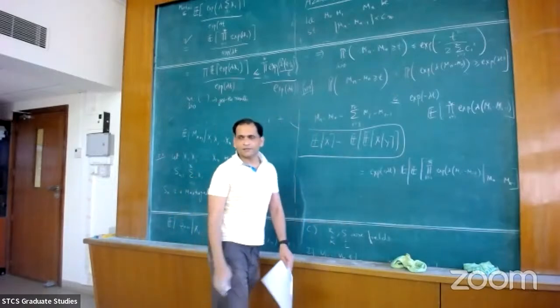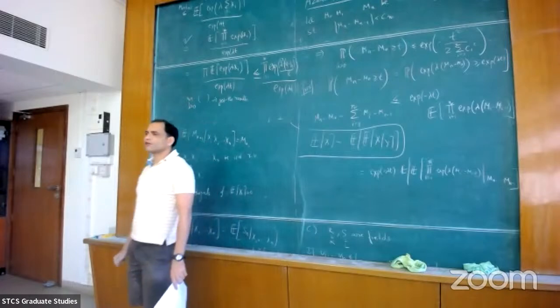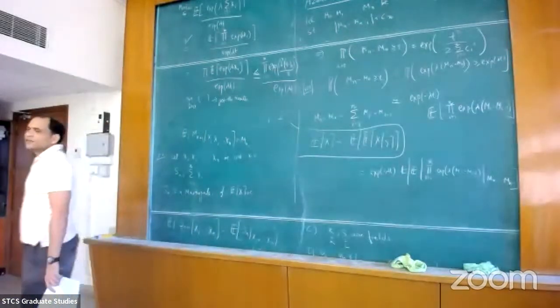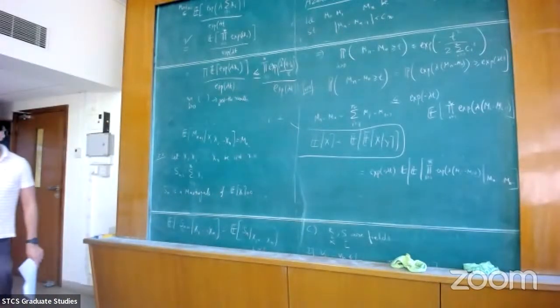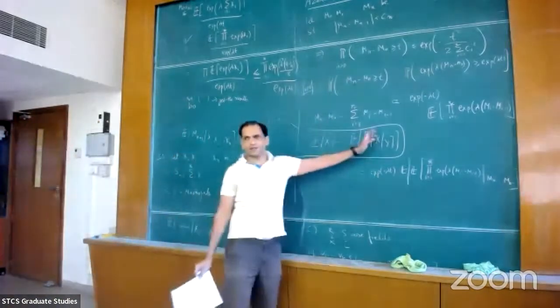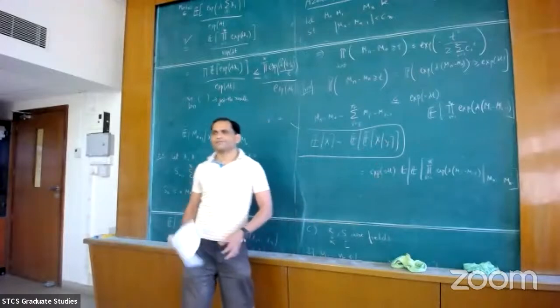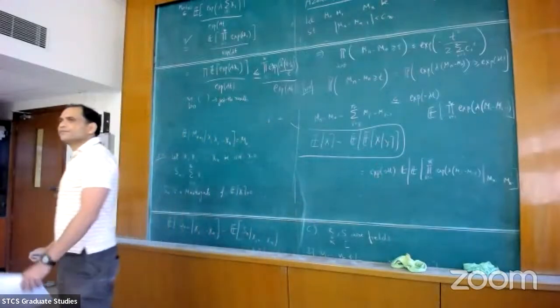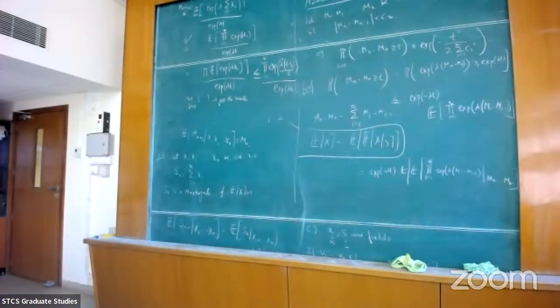This is the tower property, if you like to call it. Conditional expectation. This is true for every y, as long as it is measurable and everything is well defined. As far as I can remember, there was something like x should be contained in y or y should be contained in x.